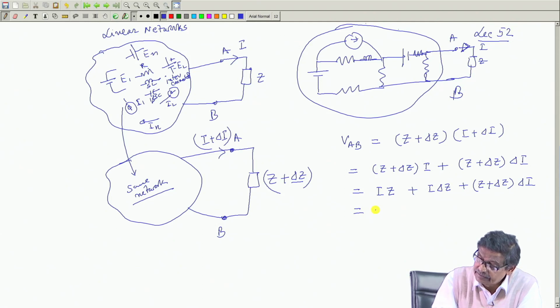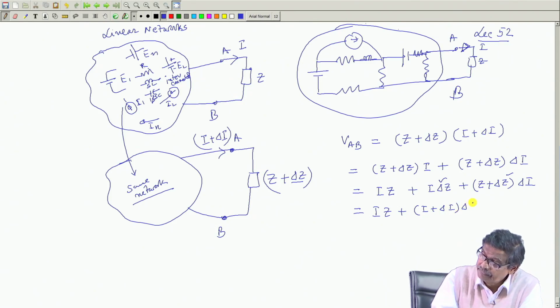Now, what I will do is this: I Z plus this term I into delta Z, and delta Z into delta I, this term I can write as I plus delta I into delta Z and then plus Z into delta I. Correct? These 4 terms, this way I will write it.